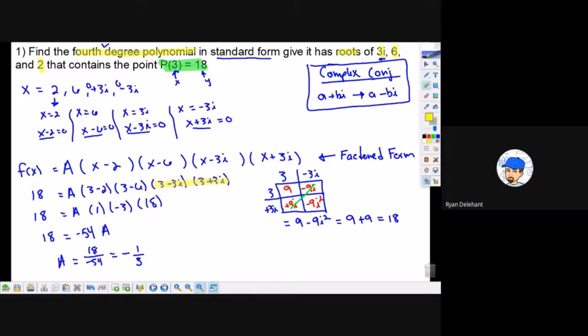Now what we've solved for at this point, this means that this number in factored form is negative 1/3. And we'll have to deal with that when we go through. So we've now actually got all of our factored form. And let's write that on another slide.